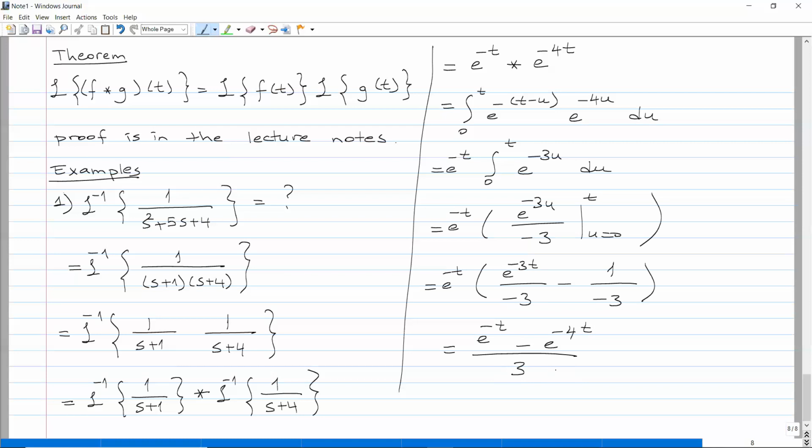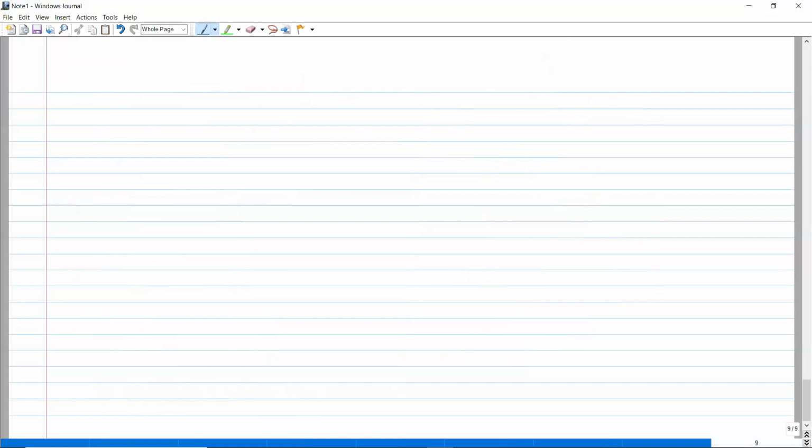And you can check this answer by finding the Laplace inverse with our previous method using partial fractions. So now, instead of partial fractions, if you want, you can use convolution, whichever comes easier for you.